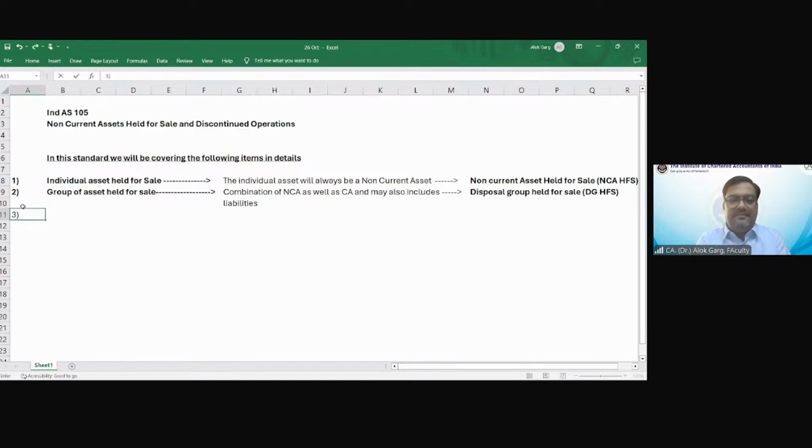Third, now Abrakesh came to me and asked, sir, how many factories are you having? I told him I have two factories in Delhi. And I am into the manufacturing of a product, which is a very unique product.